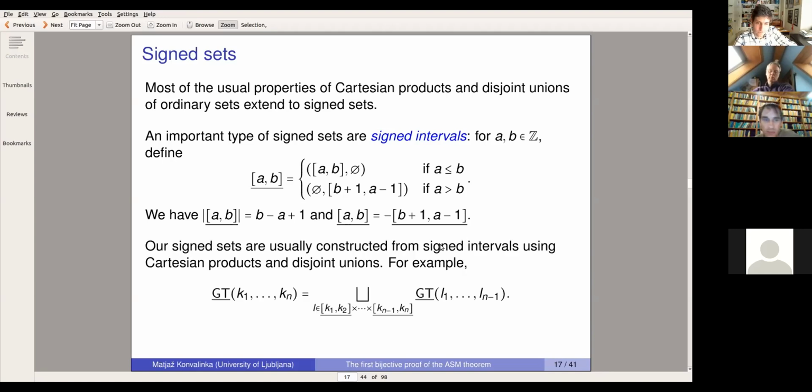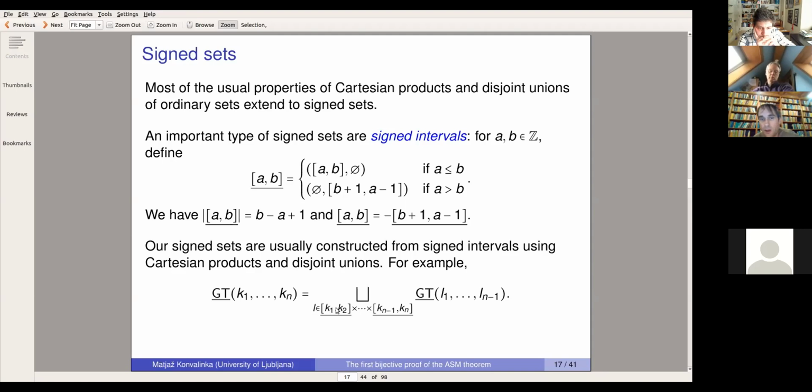The signed sets we consider are usually constructed from signed intervals using Cartesian products, so you get signed boxes, and disjoint unions. As an example, the signed set of GT patterns can be defined using disjoint unions and Cartesian products.